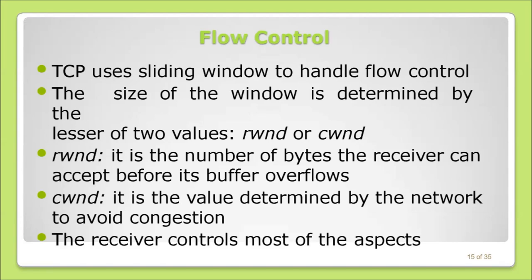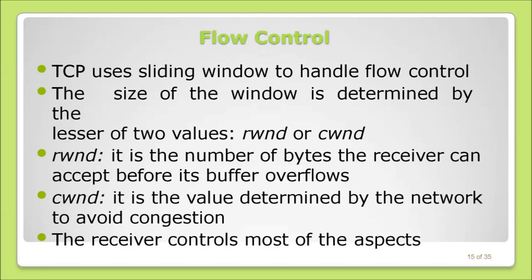Flow control. TCP uses sliding window to handle flow control. Dear students, sliding window flow control is a mechanism in which we can transmit data in the form of frames, but at the same time more than one frame can be transmitted. Next point, the size of the window is determined by the lesser of two values, RWND or CWND.